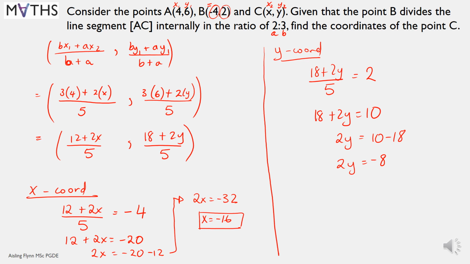Divide both sides by 2 and we get y equals -4. And so my point C is -16, -4, and that is the same answer as we got above. So whichever approach you prefer, or whichever one suits the question that you are given, you can use.